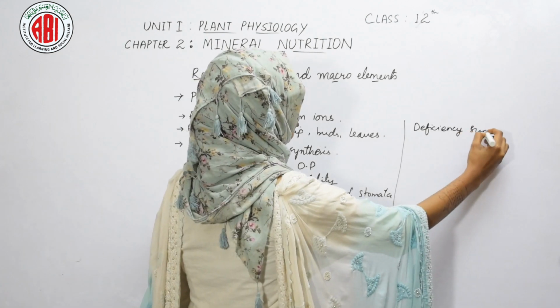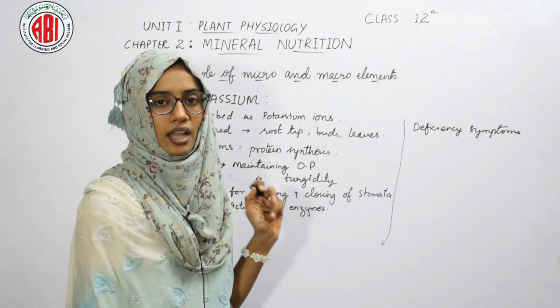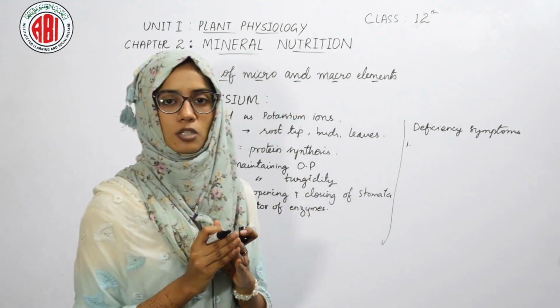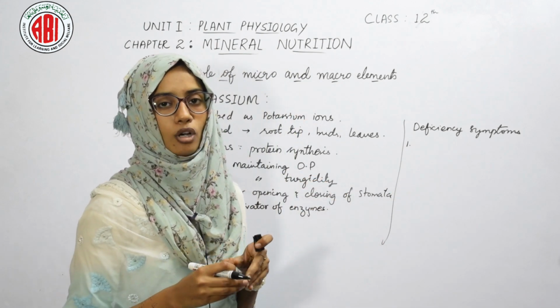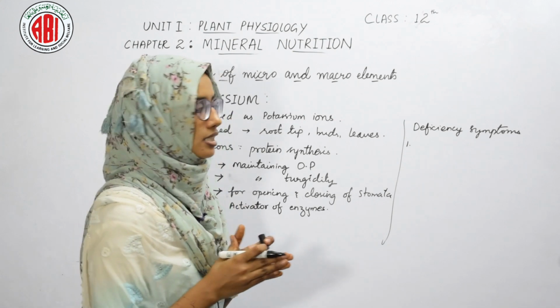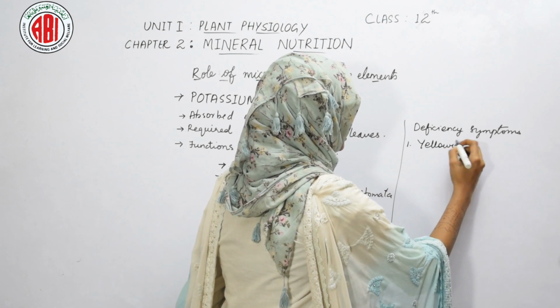Let us study the deficiency symptoms which can be seen due to the absence of potassium. When potassium is present in a small amount, or if potassium is absent in the plant cells, then yellowing of leaf margins can be seen.